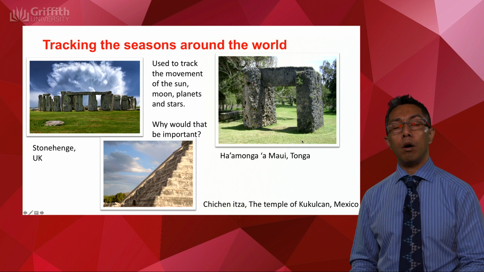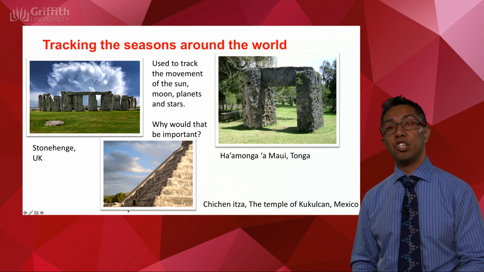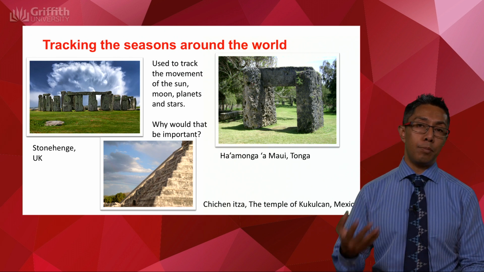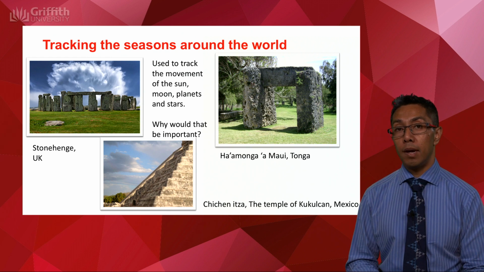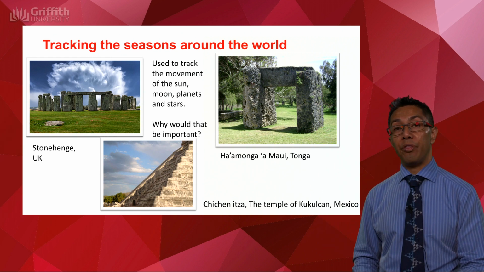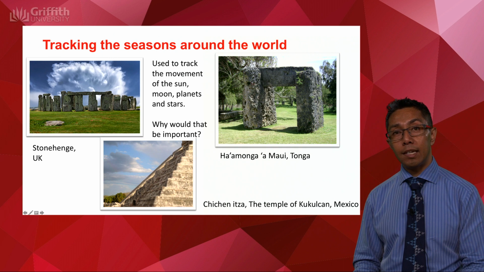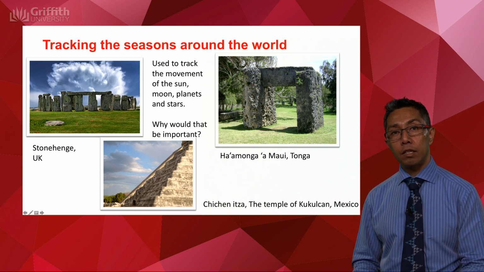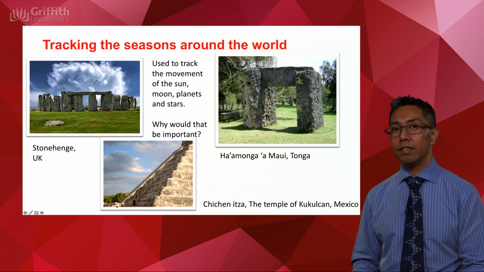So I'll talk about this one down the bottom here, Chichen Itza. So this is the temple of Kukulkan in Mexico. Now, what's really cool about this is what you can see here is that shadow as it is going down the stepped pyramid there. That's actually a snake head down the bottom.